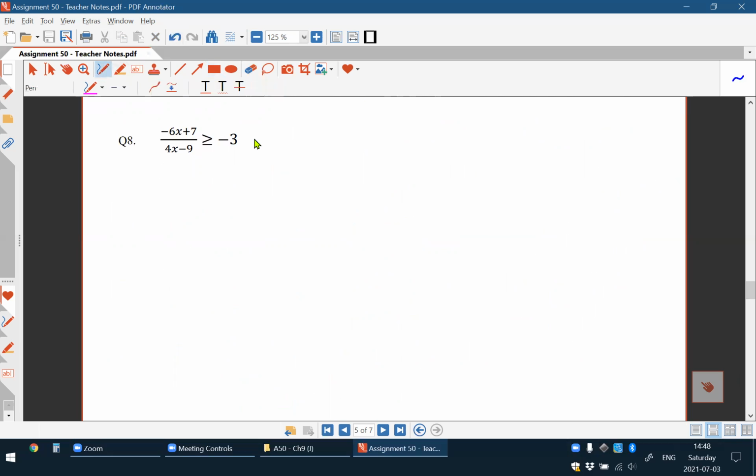Okay, again, original question is equivalent to minus 6x plus 7 over 4x minus 9. If we move minus 3 to the left-hand side, it becomes plus 3, right? And this is equivalent to, let's rewrite this expression using the common denominator.